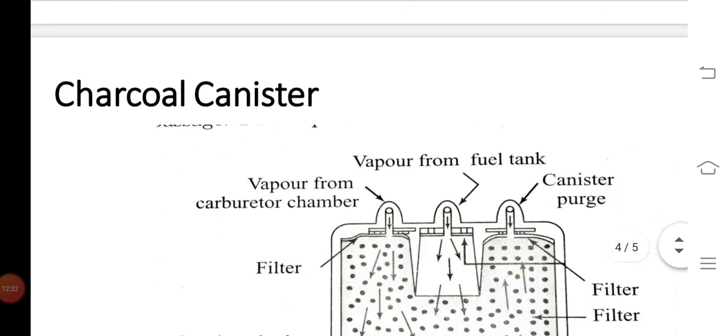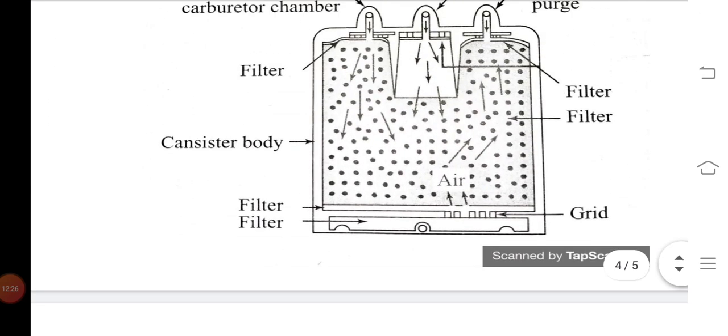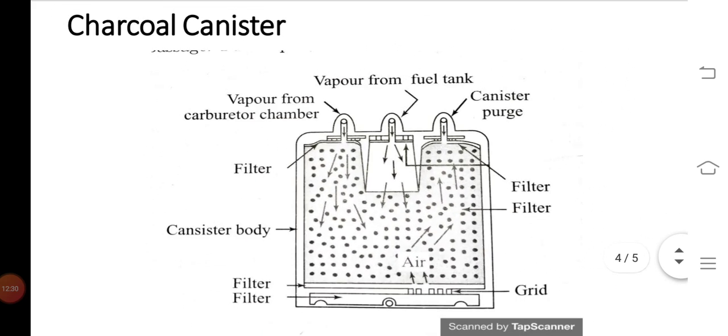Now the charcoal canister. These are the pictures of the charcoal canister. This charcoal canister is used for trapping the gasoline vapors.